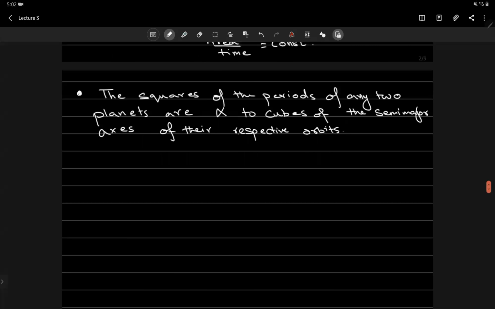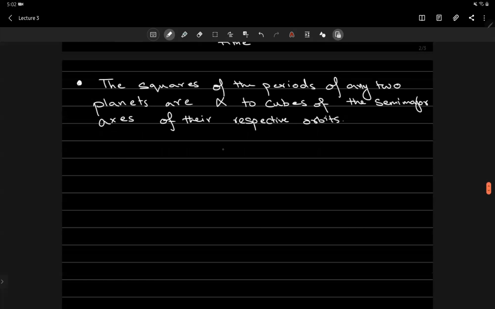Right, and again, to write that down mathematically, it just says the period squared is proportional to a cube, right? Where a is the semi-major axis of the orbit.